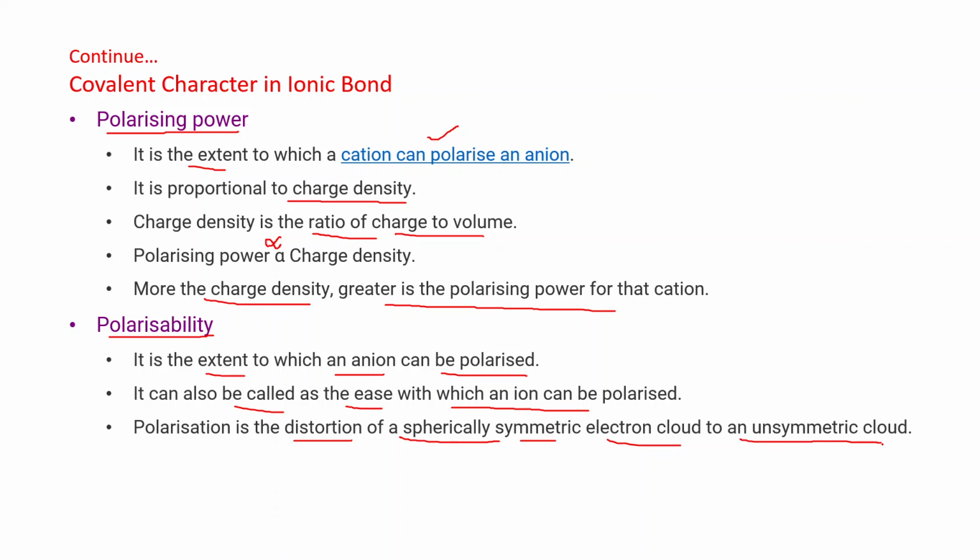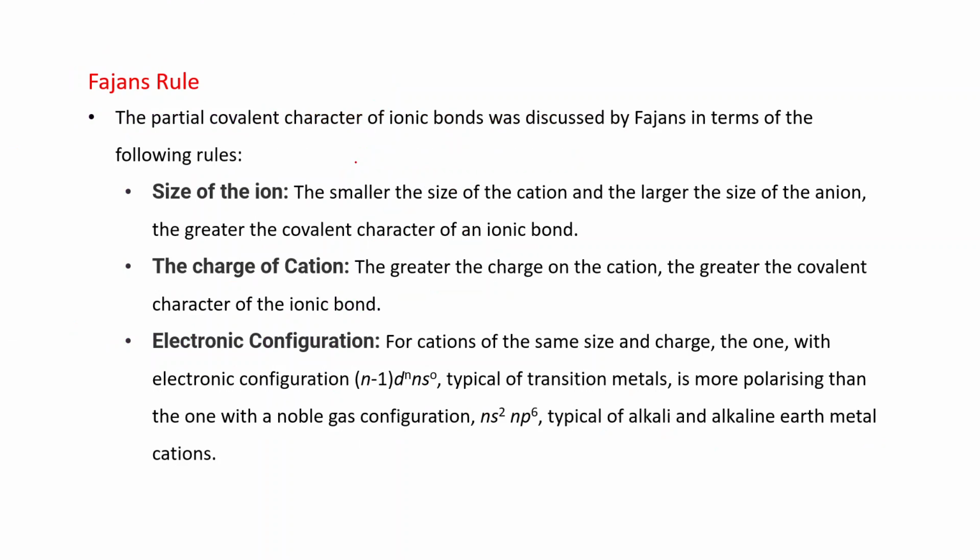In this way, due to the polarizing power of the cation and polarizability of the anion, some partial covalent character develops in the ionic bond. And the partial covalent character of ionic bonds was discussed by Fajans in terms of the following rules, and these rules are known as Fajans rules.